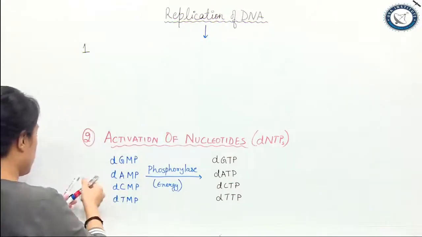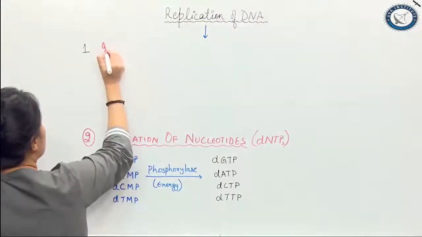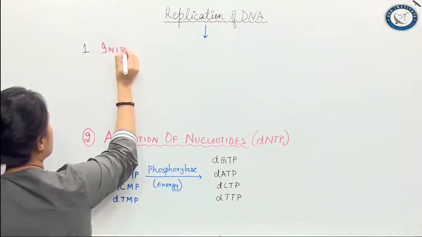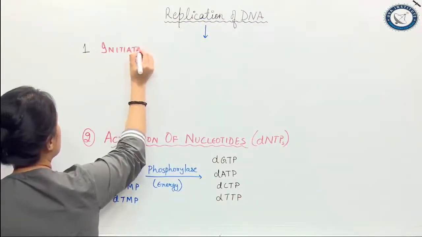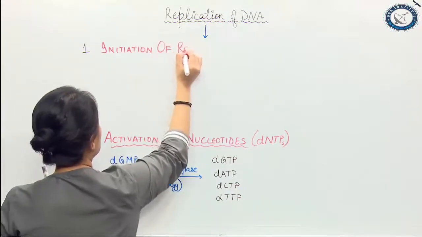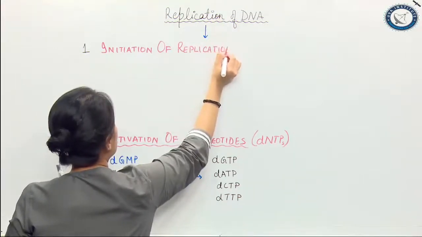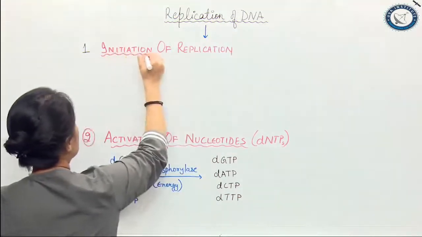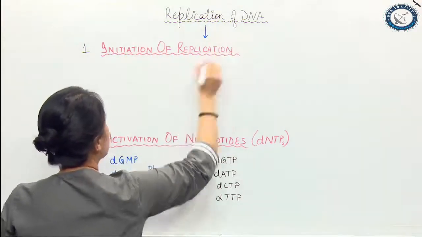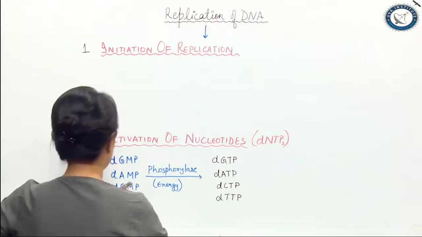So the third would be initiation of replication. Okay? Now let's see how we do this.